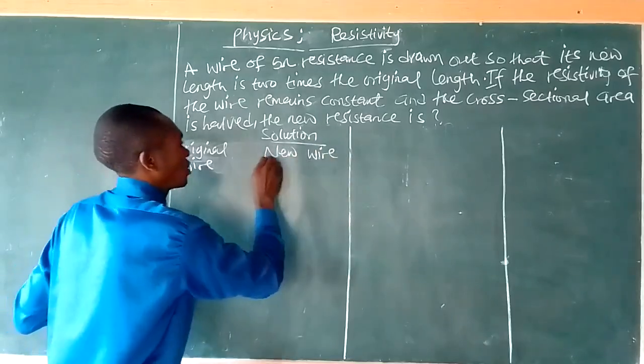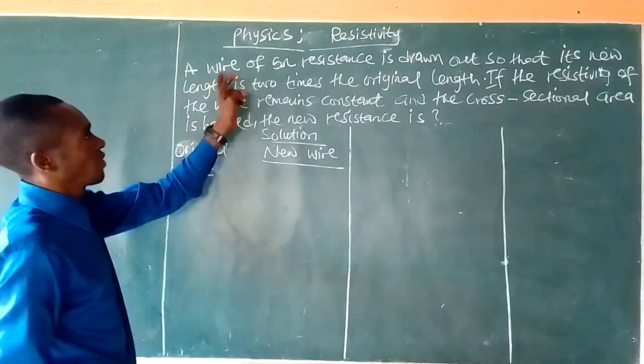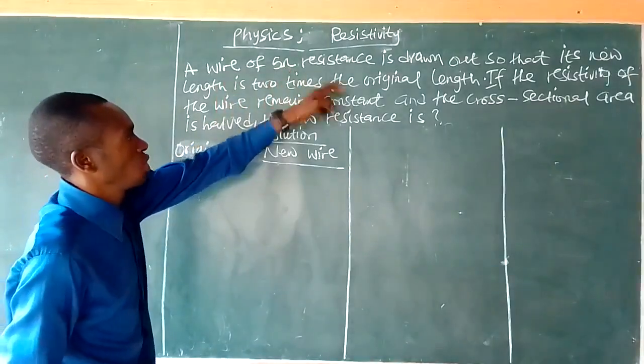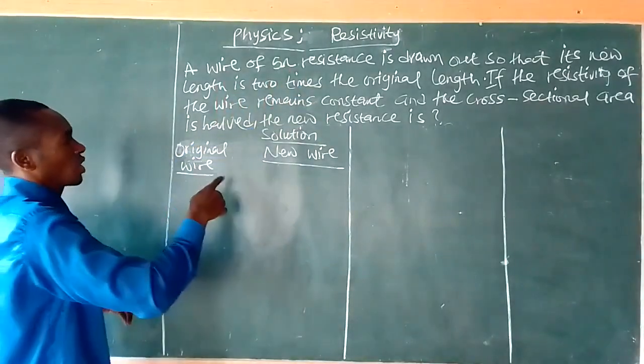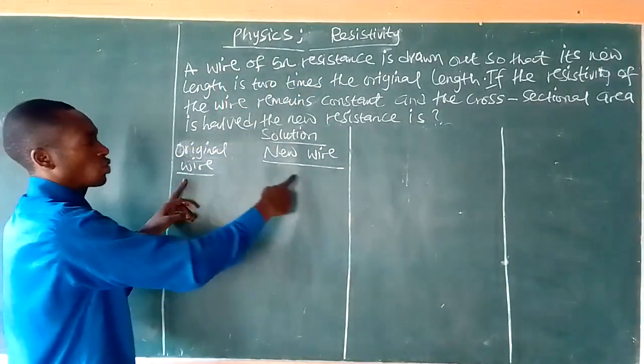So the question has some parameters. We have the first thing, a wire of 5 ohms resistance. We're going to use 1 for original, and 2 for new.